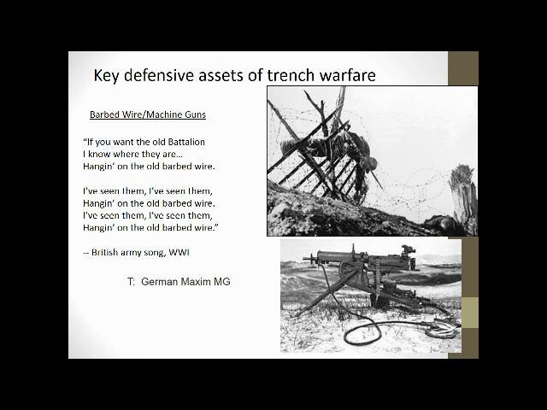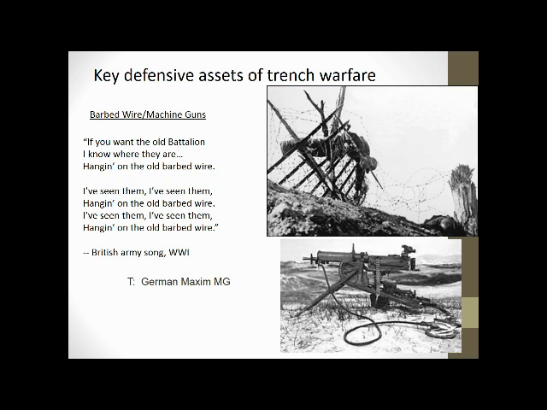This is a British Army song from World War I, and it conveys the reality that barbed wire was an incredibly important defensive development that made these infantry charges that rammed up against the trenches of the other side very difficult.